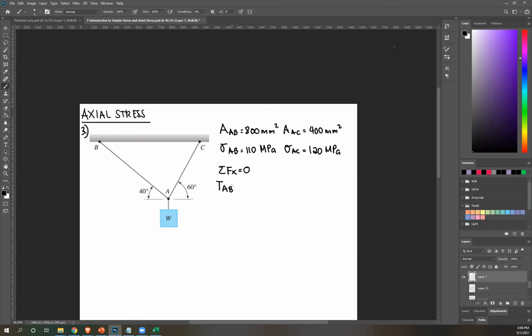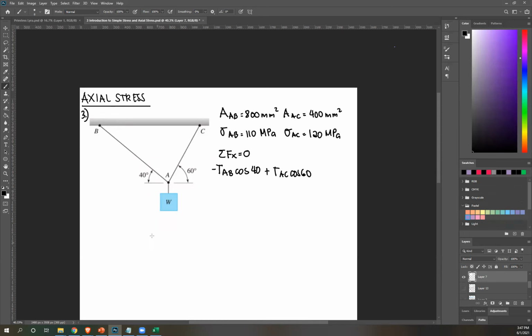Okay, it's to the left, therefore negative. And then we are given angles from the x-axis. So the x component of this is F cosine theta. So PAB cosine 40. Next, how about this TAC to the right? So positive TAC cosine 60.